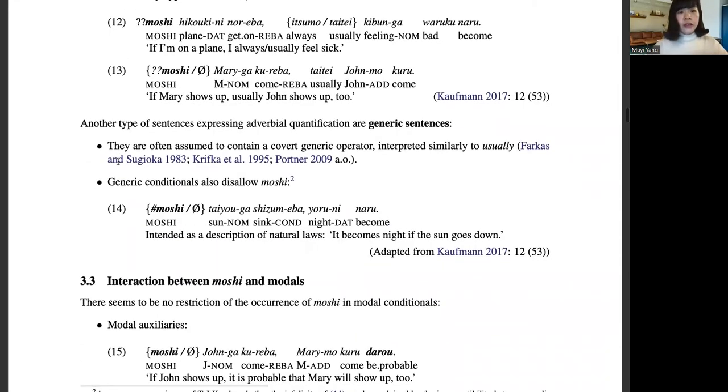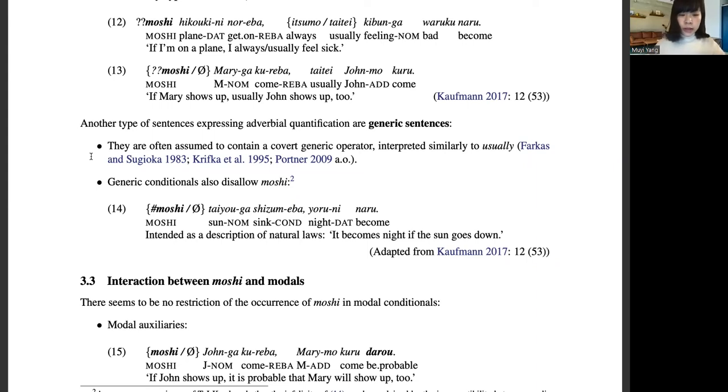Finally, there is another type of sentence that expresses adverbial quantification, namely generic sentences. In the literature, generic statements are often assumed to contain a covert generic operator, and the interpretation of the covert generic operator is very similar to the Q adverb usually.